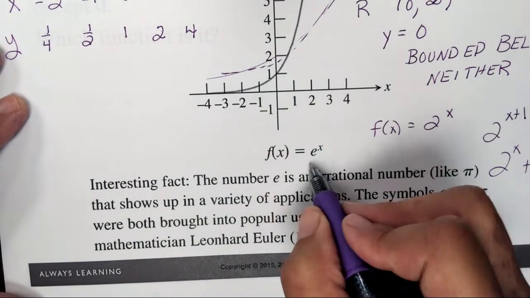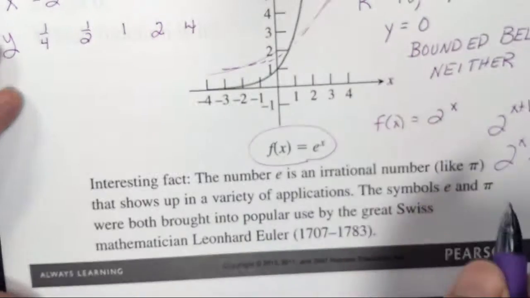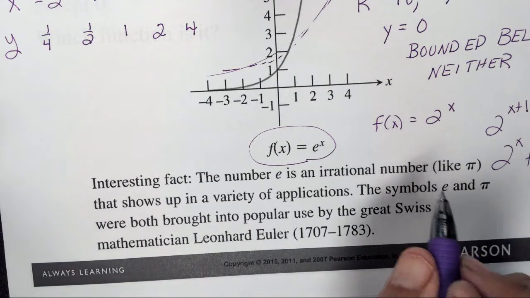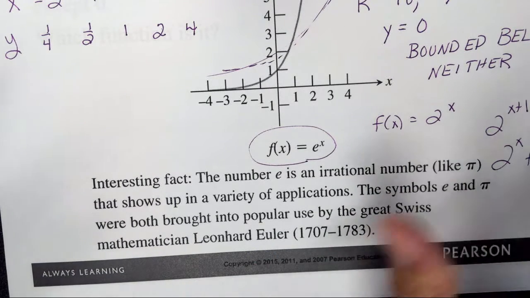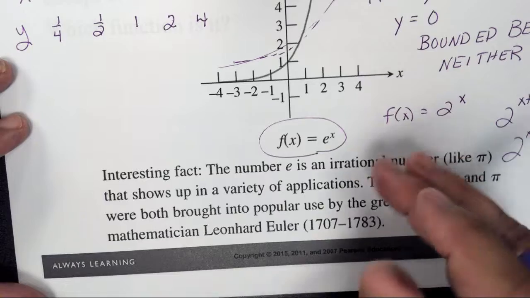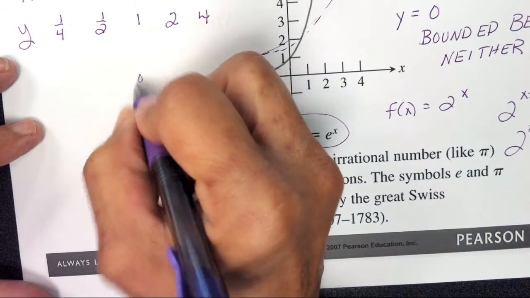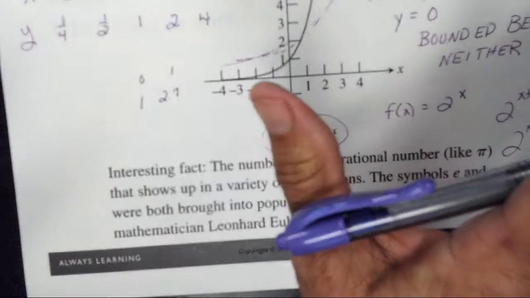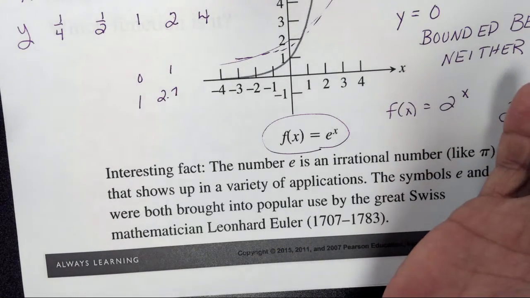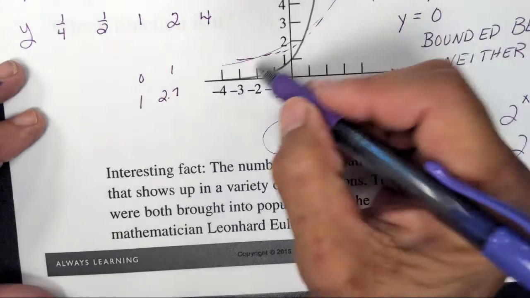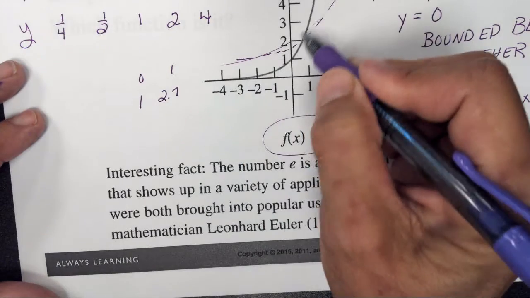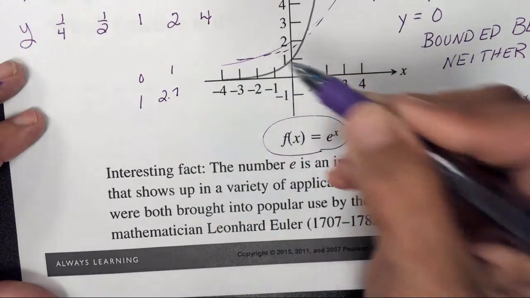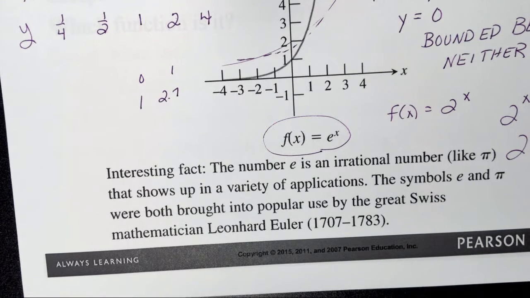Now, the problem is they're referencing e to the x. And remember, e is 2.7 and so on. Okay? So I would know that e to the 0 power is 1 and e to the first power was 2.7, and beyond that I would have no clue if I didn't pick up a calculator. All right? So I'm more concerned that you have this general understanding of the shape and understanding where the asymptote should be.